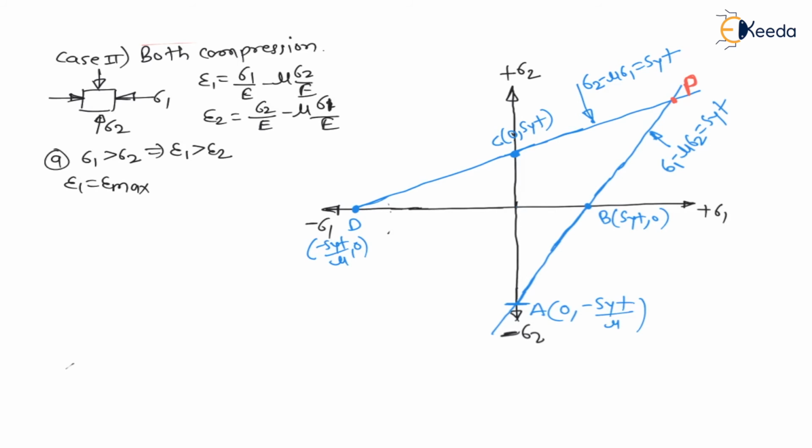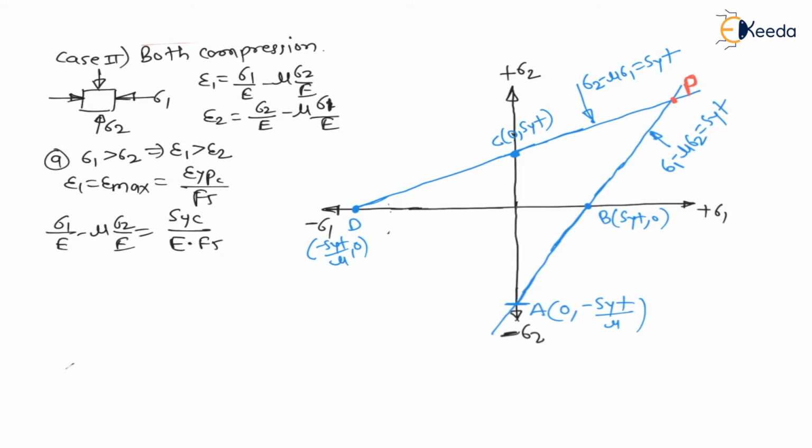Therefore equate E1 with our loading. This E max is equal to E at yield point under compression, divided by factor of safety. Therefore E max is sigma 1 by E minus mu sigma 2 by E is equal to E at yield point, which is SYC because it is compression, divided by E into factor of safety.